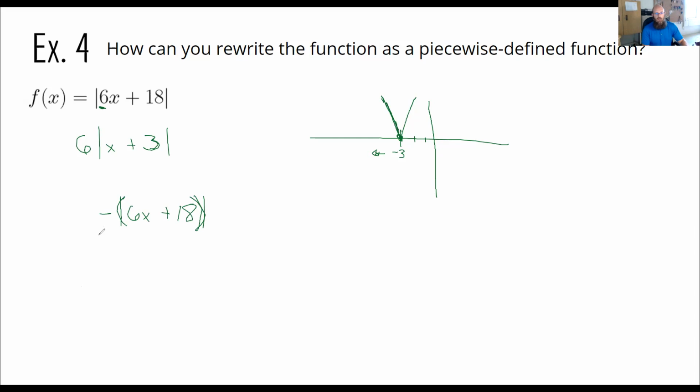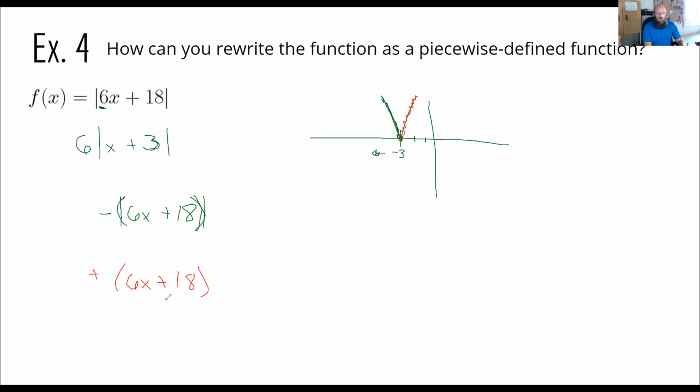That's kind of cool. The next thing I'm going to do is figure out the positive version of it, using a different color, this graph on this side. And that's actually what's going to come from the positive version of 6x plus 18, which is kind of cool too.